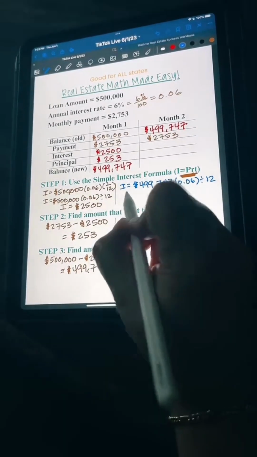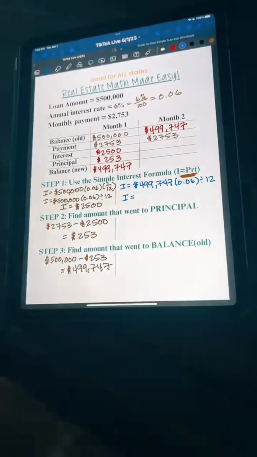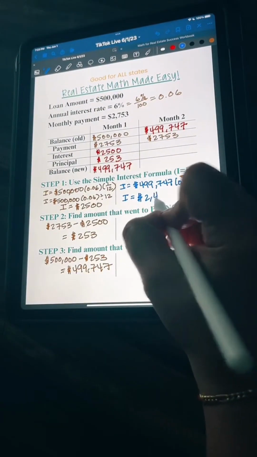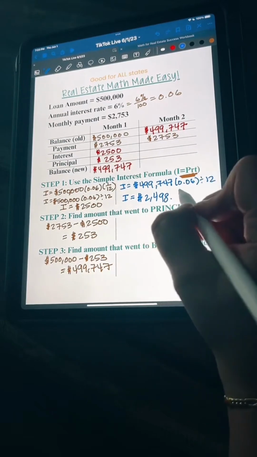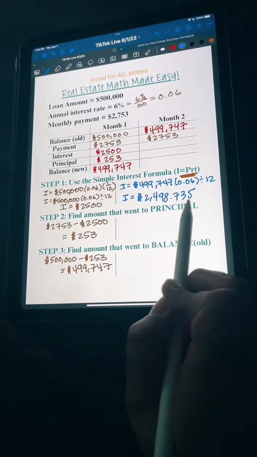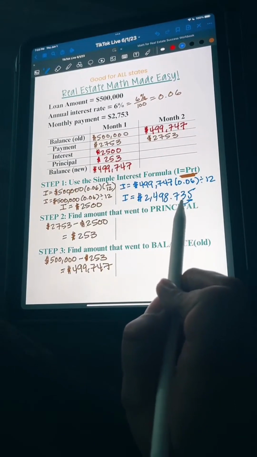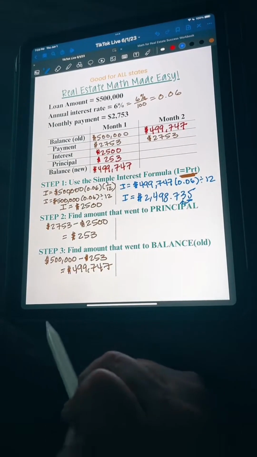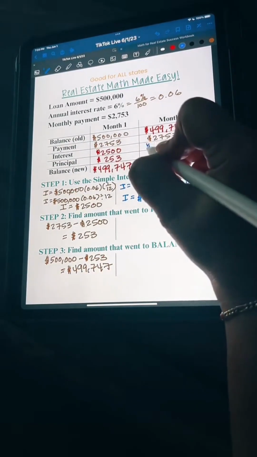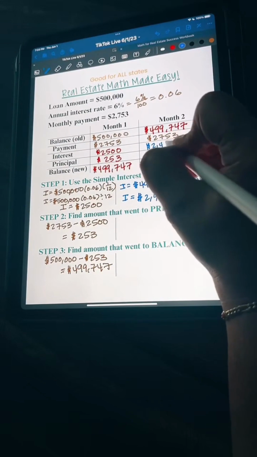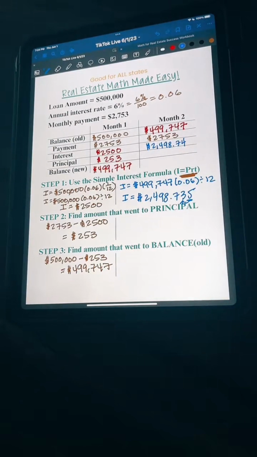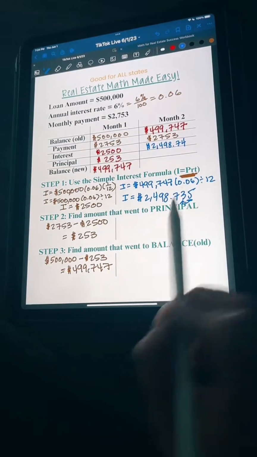All right, so interest here on this amount, 2,498.735. I'm going to round up here because this is 5. So I'm going to make it $2,498.74.